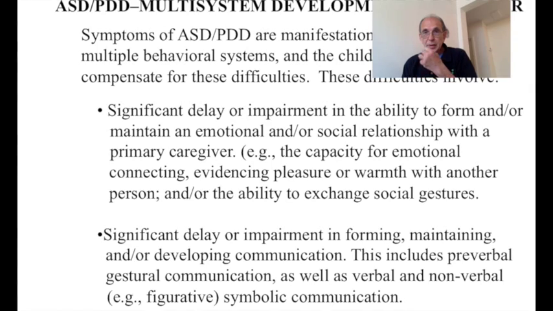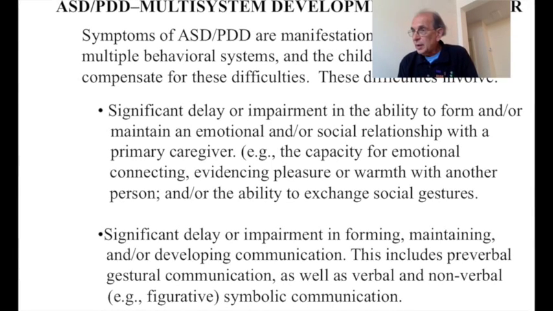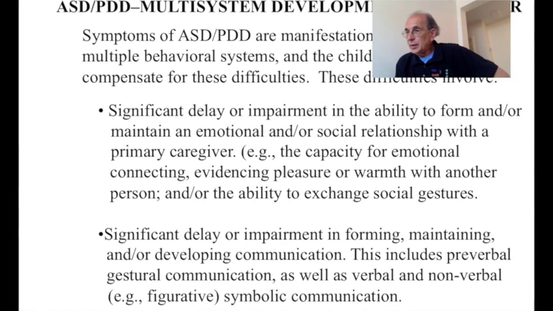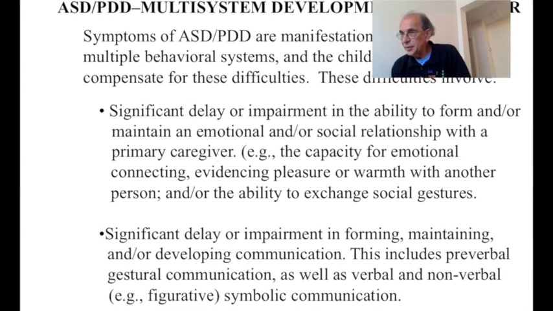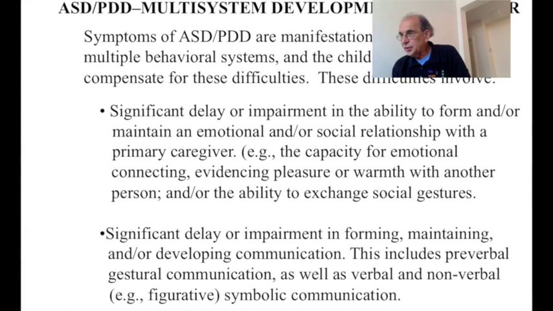Now, let us review this definition, okay? Again, Greenspan states that symptoms of ASD-PDD are manifestations of difficulties in multiple behavioral systems and the child's efforts to compensate for these difficulties.